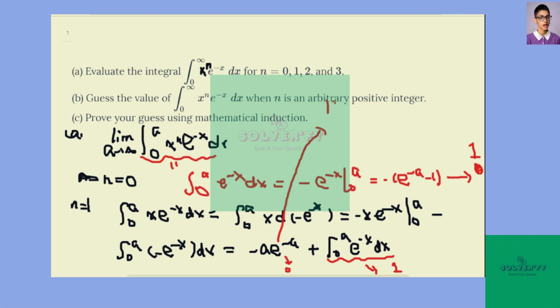This is equal to the limit as A goes to infinity of A over e^A, which is the limit of 1 over e^A, which goes to infinity in the denominator. This is equal to 0. So the result is equal to 1.